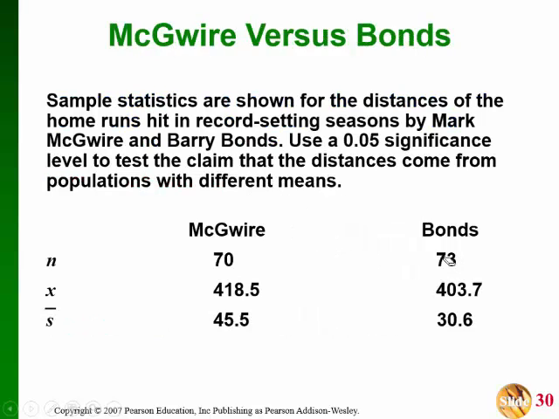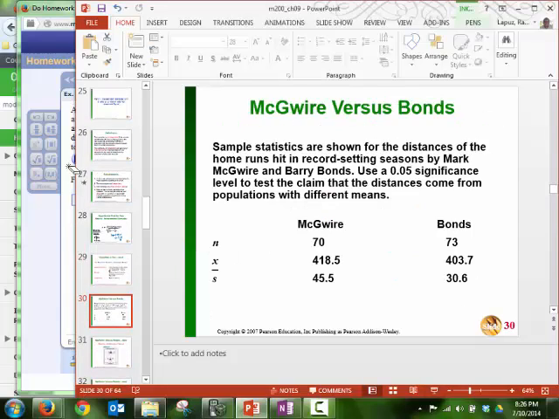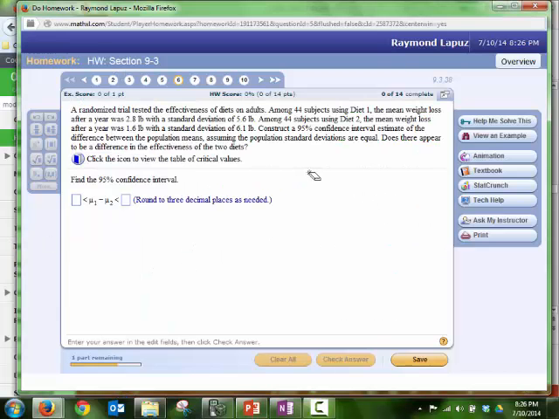And they have an example here where they compare Bonds and McGuire's home run race, but we're not going to do that. We're going to pick another problem from the textbook, and I already picked one, or from the homework, from our section.